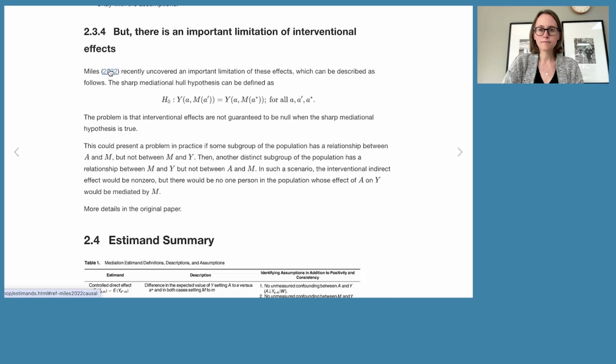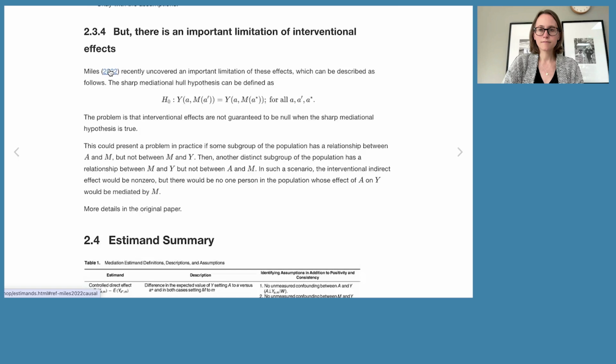interventional indirect effect is actually non-zero, whereas I just told you that no individual has that mediational pathway. So we would expect that we would estimate a 0 indirect effect, a null indirect effect.